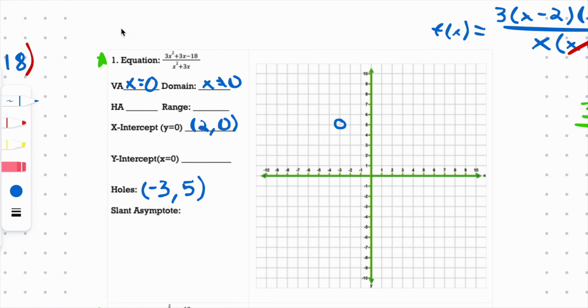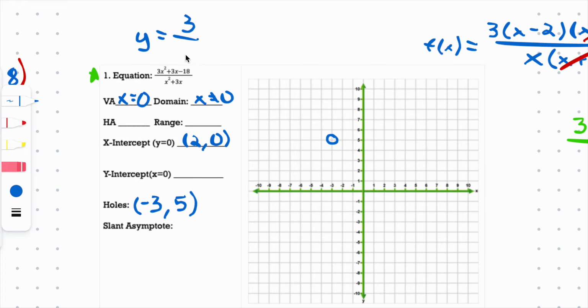So we want to say our horizontal asymptote is going to be y equals 3, which is 3 over 1, because we're multiplying that x squared by 3, multiplying that x squared by 1. So that's just going to be y equals 3. So our horizontal asymptote is y equals 3, range y cannot equal 3.